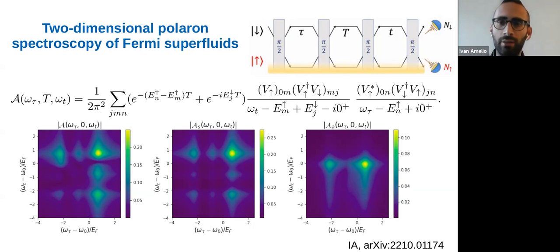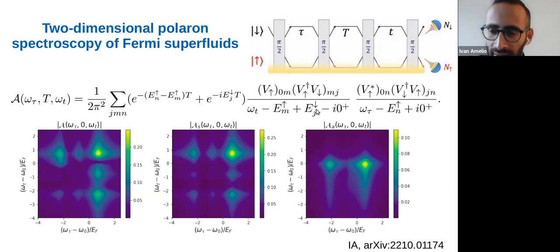So in this previous proposal paper by Wang and others, they applied this idea to the Fermi polaron. And basically, one can write down an analytical formula, some kind of Lehmann decomposition for this spectral function, if you want.